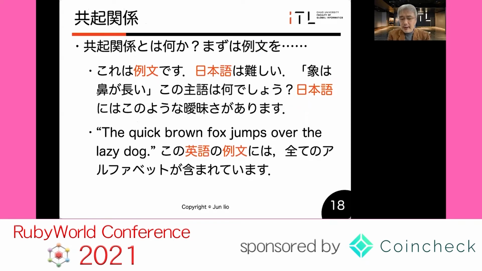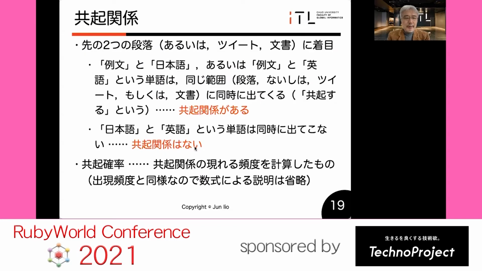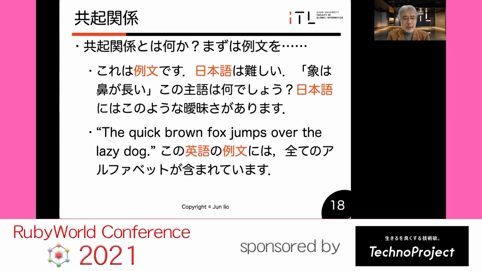So based upon such data, we consider the co-occurrence relationship. Again, here's a sample sentence. This is a simple sentence, Japanese is difficult, and so on. The quick brown fox jumps over the lazy dog. English sample sentence includes such and such. So when we have these samples, Reibun (sample sentence), Nihongo (Japanese), and Eigo (English) are our focus. Reibun and Japanese appear in the same chunk at the same time.